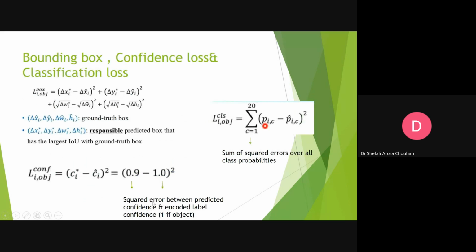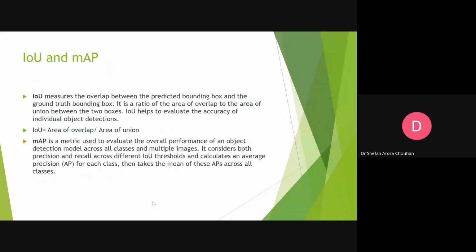Also, now this is the loss, right? And in YOLO there is something called IOU, intersection over union, and mean average precision. These are used to estimate how it is performing with respect to object detection.